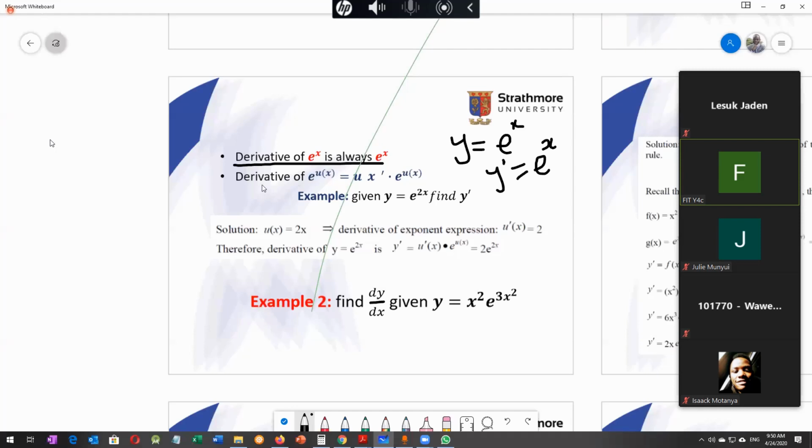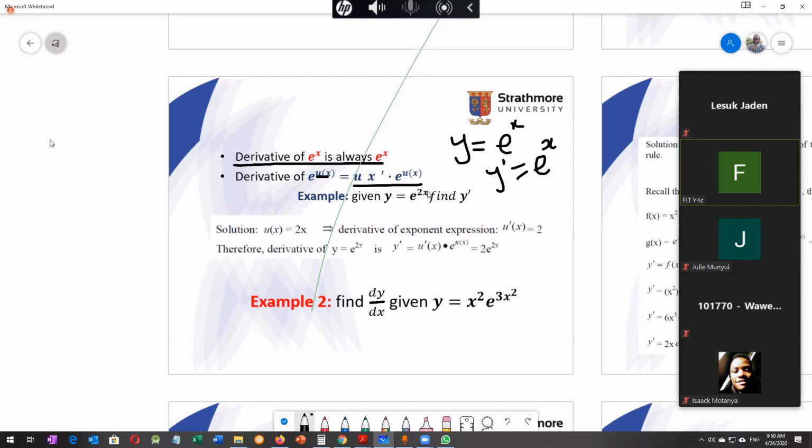Then the second rule is that if e is raised to a function, the derivative, we are going to open it up like this. For example, derive y is equal to e raised to power 2x.